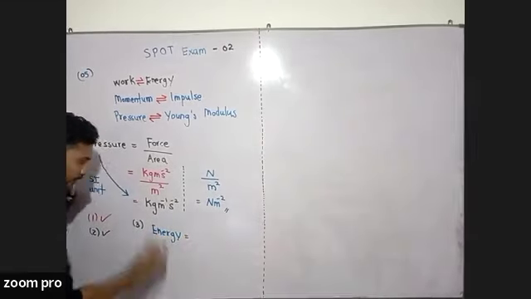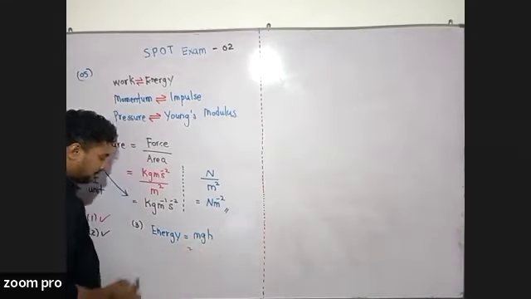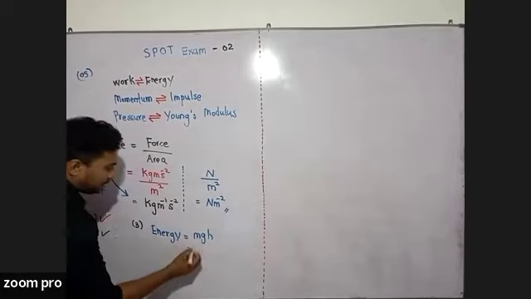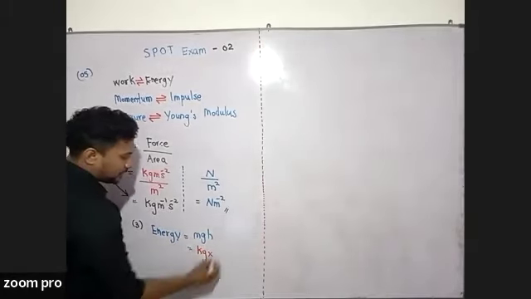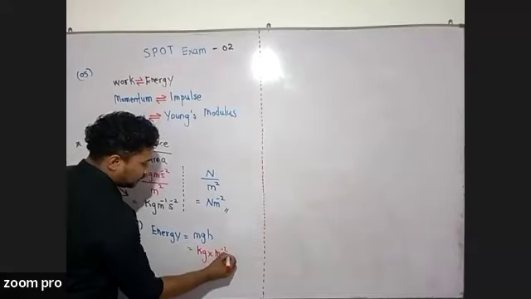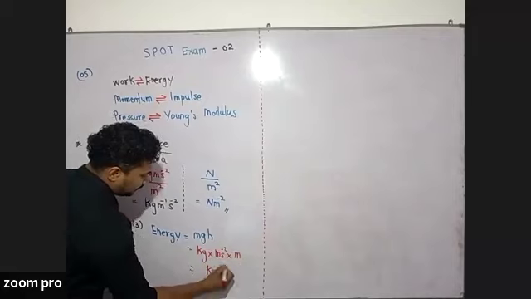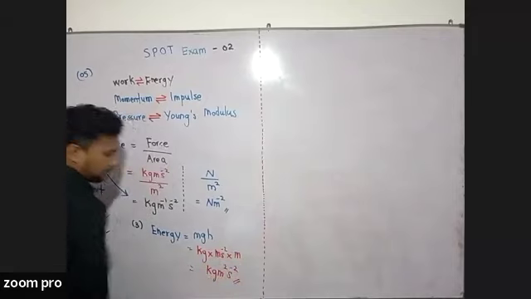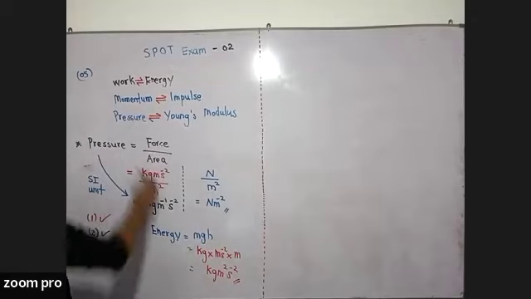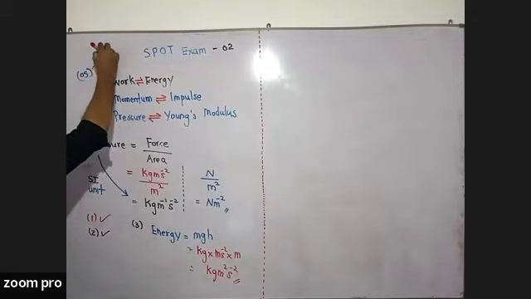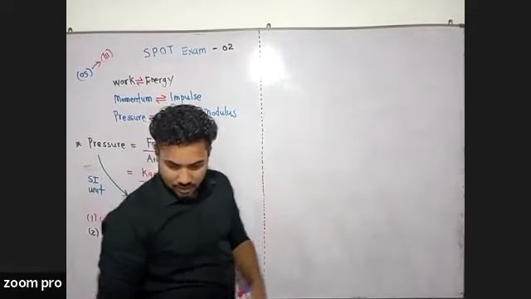What is the equation for potential energy? mgh. Right. So if I substitute the values, m is measured in kg, gravitational acceleration is measured in m s^-2, and h is measured in m. So this is the unit for energy. So the given answer is incorrect. So the answer should be the third one, right?